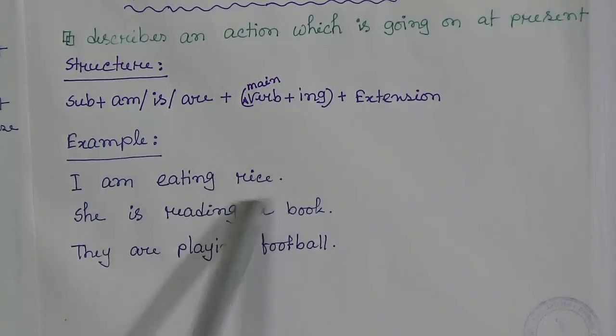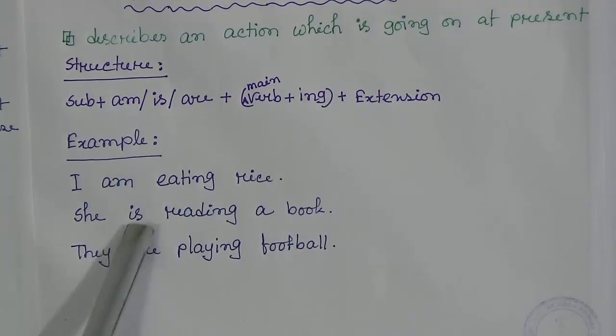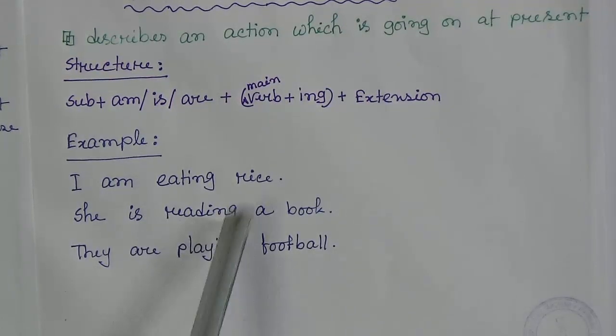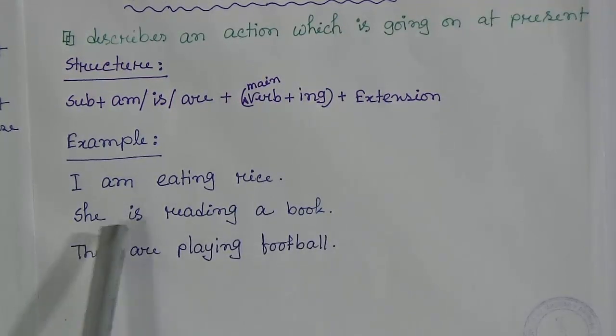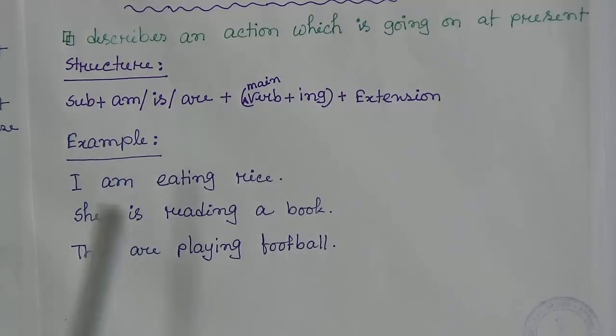I am eating, then extension, rice. She is reading a book. They are playing football. So these are examples of present continuous tense.